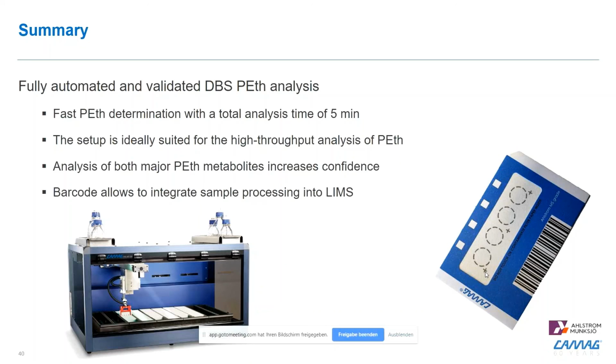The analysis of both major PEth metabolites increases the confidence of your result, so it's much better to include also 16:0/18:2 and not just go for the 16:0/18:1. And as already mentioned, if you have barcoded sampling cards, you can integrate the process into your laboratory information system. So basically, you would not have to build a batch if you got the right setup within the laboratory, where you can recognize each sample just by the barcode within the analytical run by having the camera system set up properly.